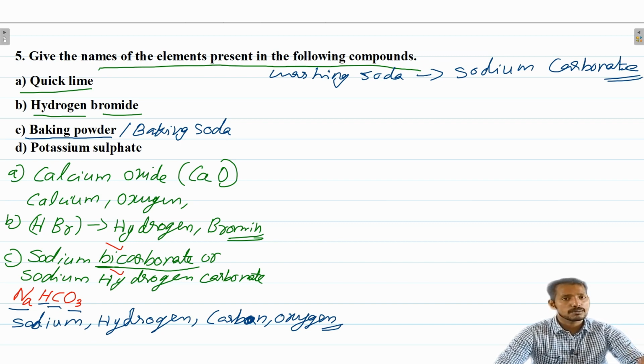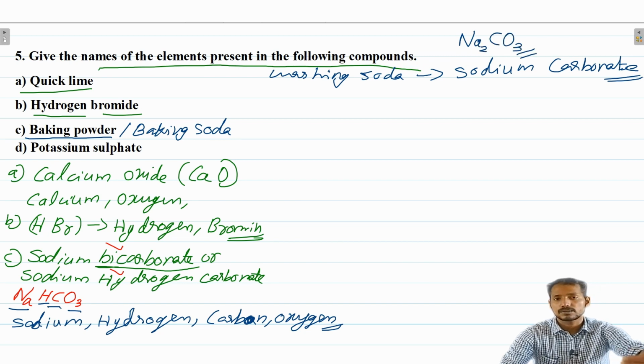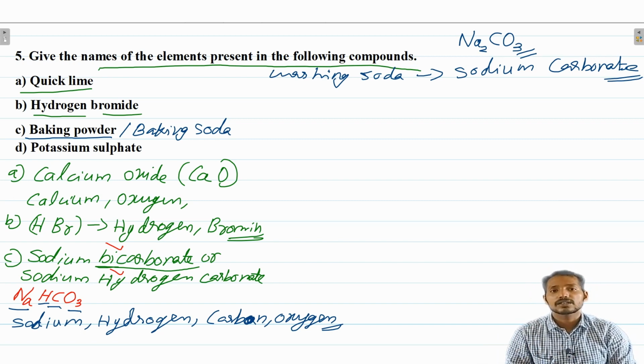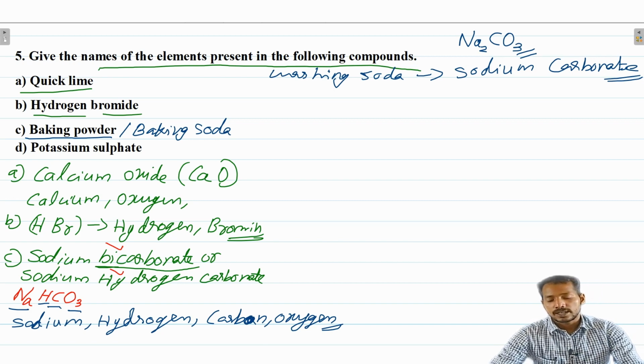Baking powder is sodium bicarbonate, while washing soda is sodium carbonate. The chemical formula will be Na2CO3. So it is very important to remember, not to confuse about it. Okay, if you write only sodium carbonate, that will not be baking powder, that will be washing soda. Okay. So next, last topic, the option is potassium sulfate.